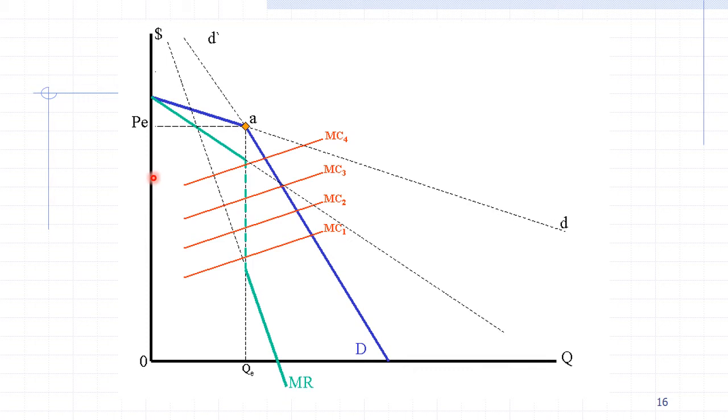It means their MC may be different, but their price level is not changing for a long time, right? So this is the brief explanation, at your level, for the Sweezy or kinked demand curve.